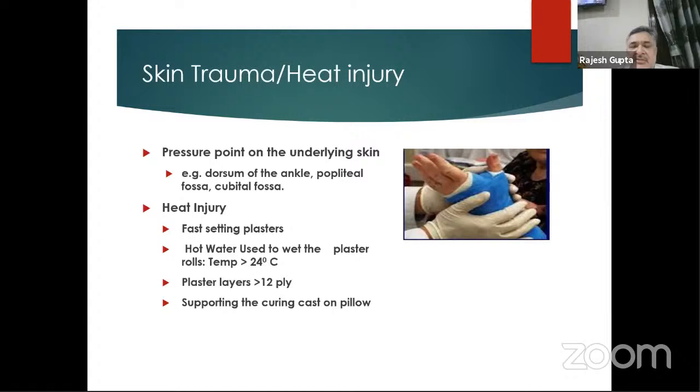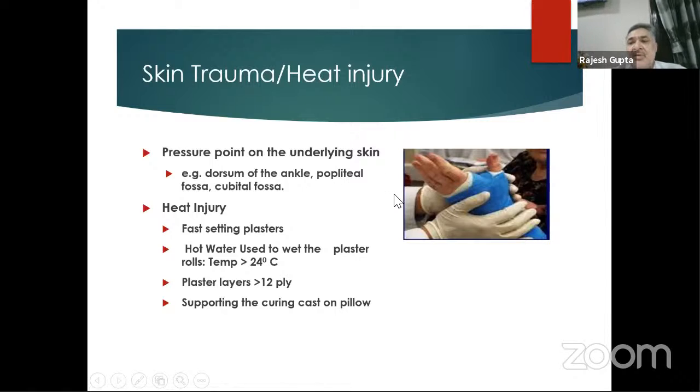There are many reasons for the pressure points on the underlying skin. So the important thing is an improperly applied plaster cast. As I have already discussed, there should be no bunching in the cotton or in the stockinette. There has to be proper padding at the edges.